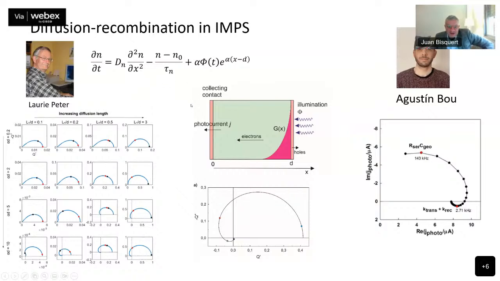And we have revisited it, and we find that when you illuminate on one side and measure the photocurrent at the other contact, you have features that are negative. The real part of the transfer function of IMPS becomes negative. But at low frequency it's totally real. There is no negative low frequency feature, but at high frequency it becomes negative. And this was observed.